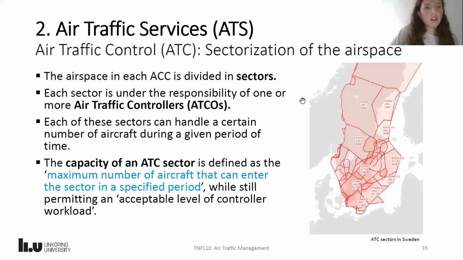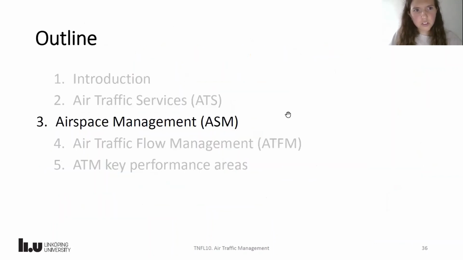This will be particularly important later for air traffic flow management. And flow management positions define the different configurations of the sectors. So yeah, that's basically it. I think we are done with air traffic services, and we are done with the class as well for today. So we have covered a lot today.